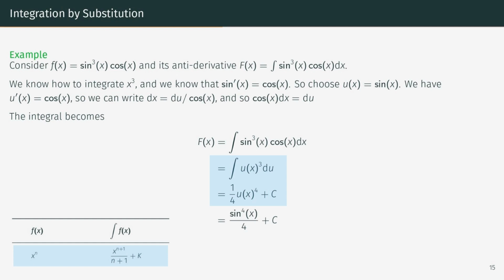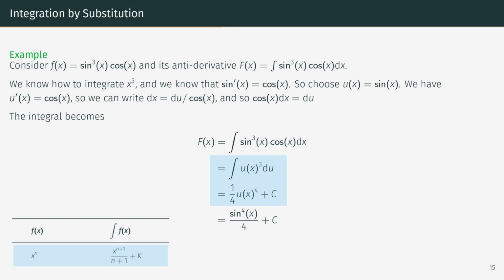First, we write down the antiderivative F(x) equals the integral of sine cubed of x cosine of x dx. We then modify this using our choice of u(x) equals sine of x and cosine of x dx equals du.